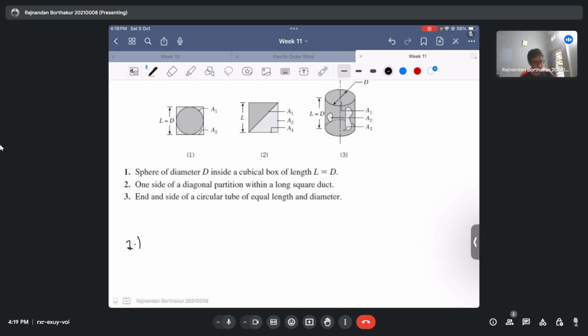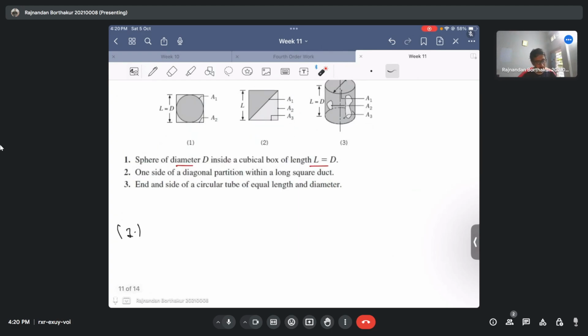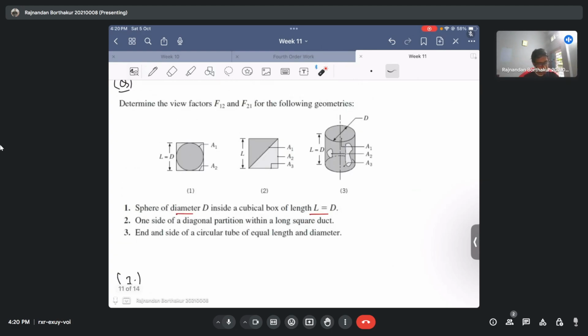Let's start from the first problem and see how we can determine the view factor. For problem 1, you are given a sphere of diameter D and a cubical box of length L equal to D, which means the sphere perfectly fits into the cubical box. So how do we determine this? Here my surface 1 is the sphere, and my surface 2 is the box.